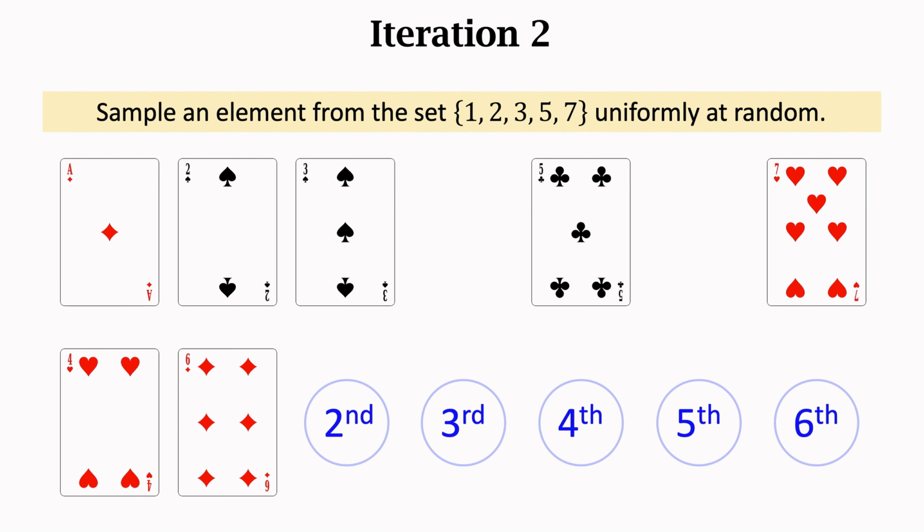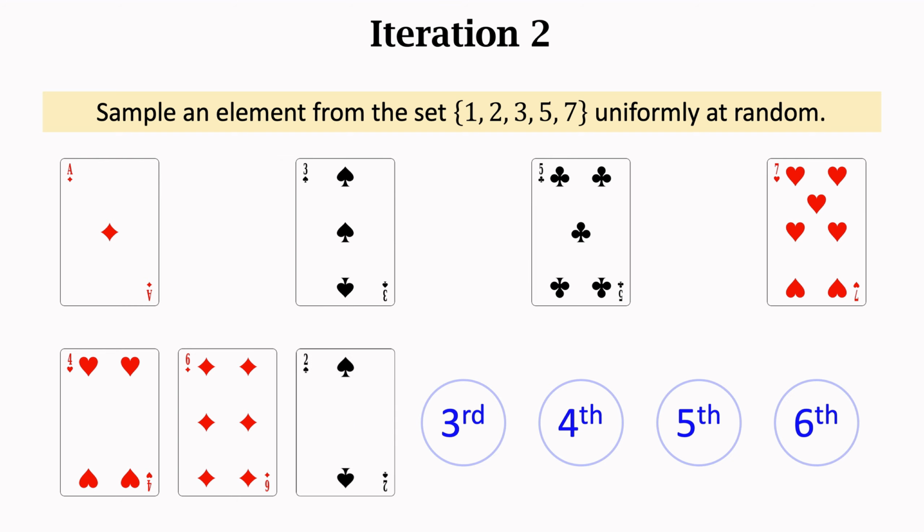There are 5 cards left. Perform another random sampling. Each card is selected with probability 1/5. We happen to get card 2. Move the card to the leftmost vacant position. That is the second position.